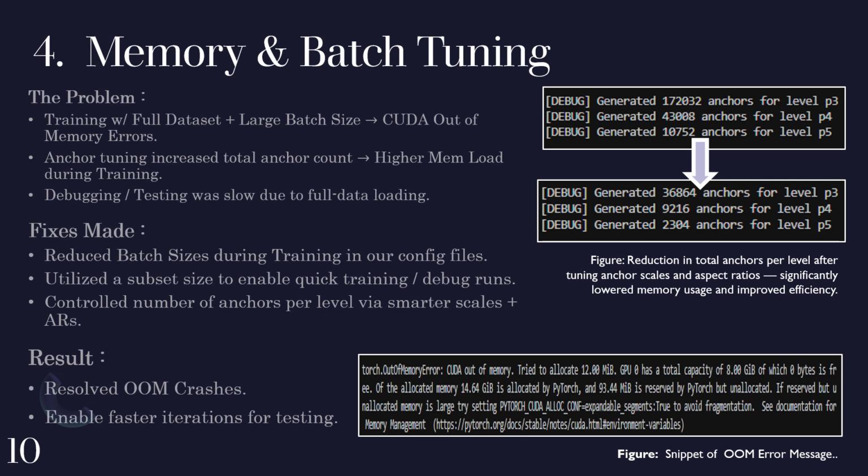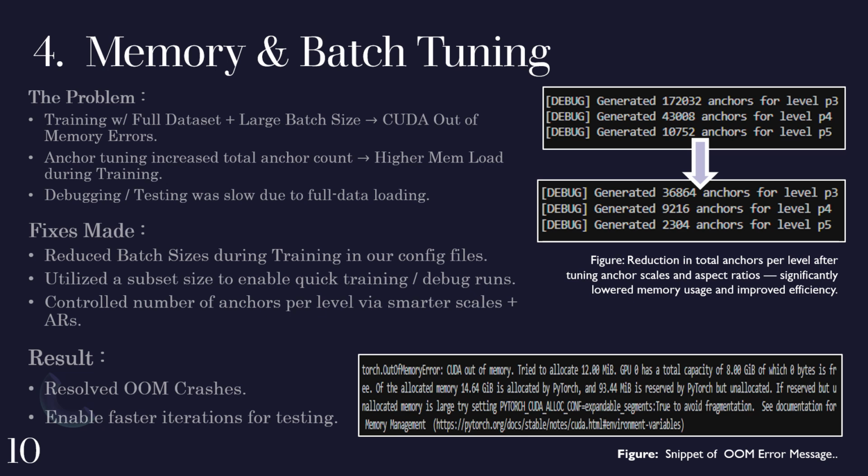This helped keep our predictions simple and significantly reduced the noise. At one point during our training, we kept running into CUDA out of memory errors. This was happening when we tried to train on larger datasets with large batch sizes like 16 or 32. From further debugging, we found out that it wasn't just the batch size causing this. Some of our anchor tuning had also exploded our anchor count, which made our memory usage even worse, as you can see in the figures on the right, with around 100,000 anchors versus just 40,000.